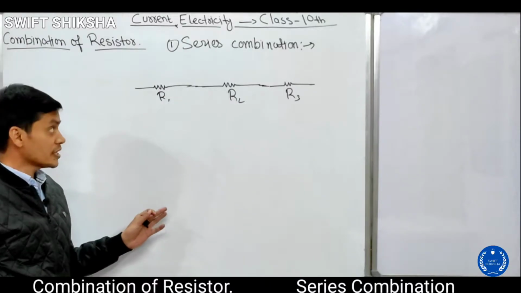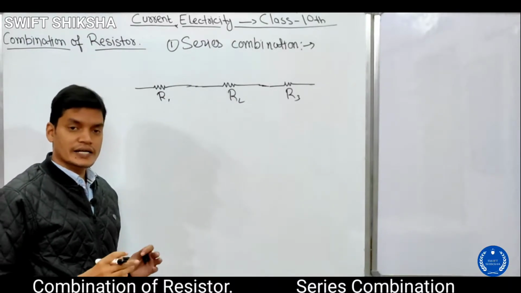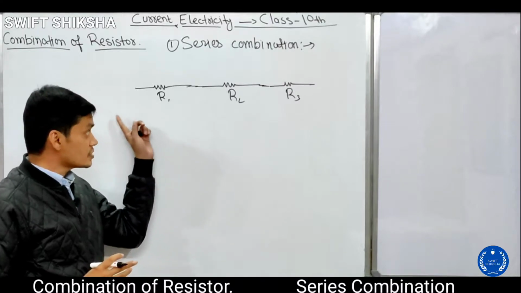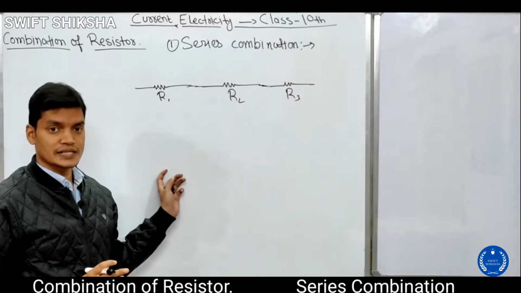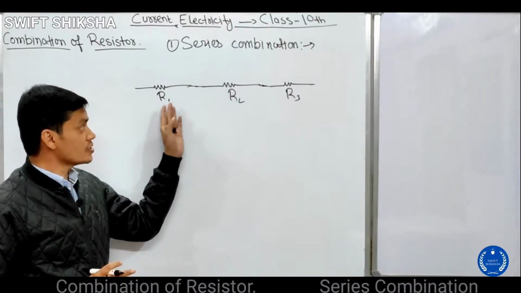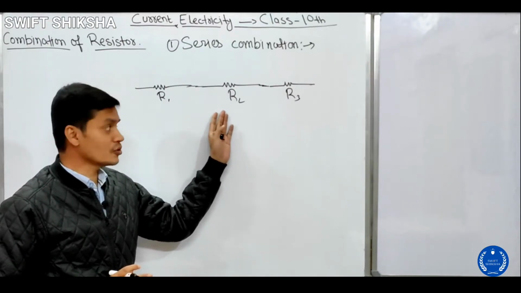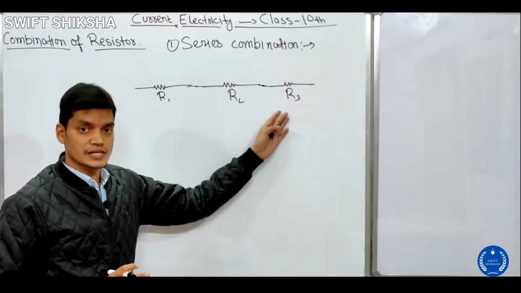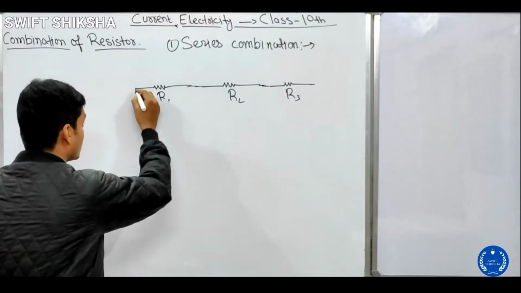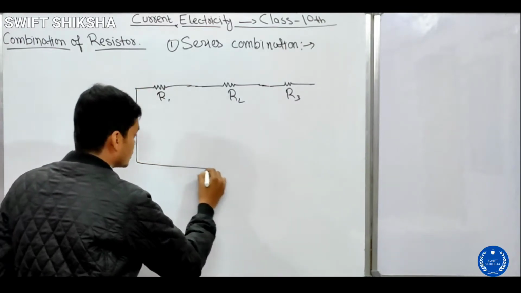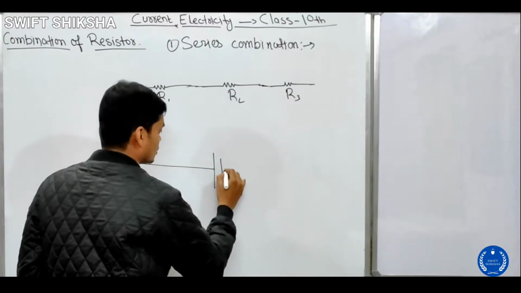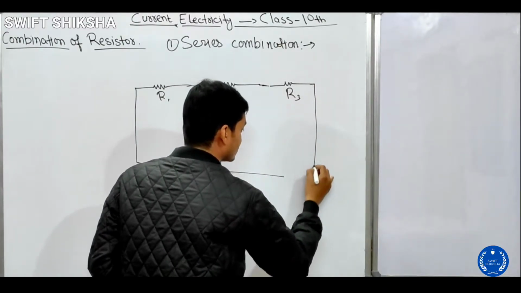Now the second point of series combination: current in this circuit diagram is the same, that is, the current flowing in each resistor is the same. You connect a battery or provide a potential difference here.